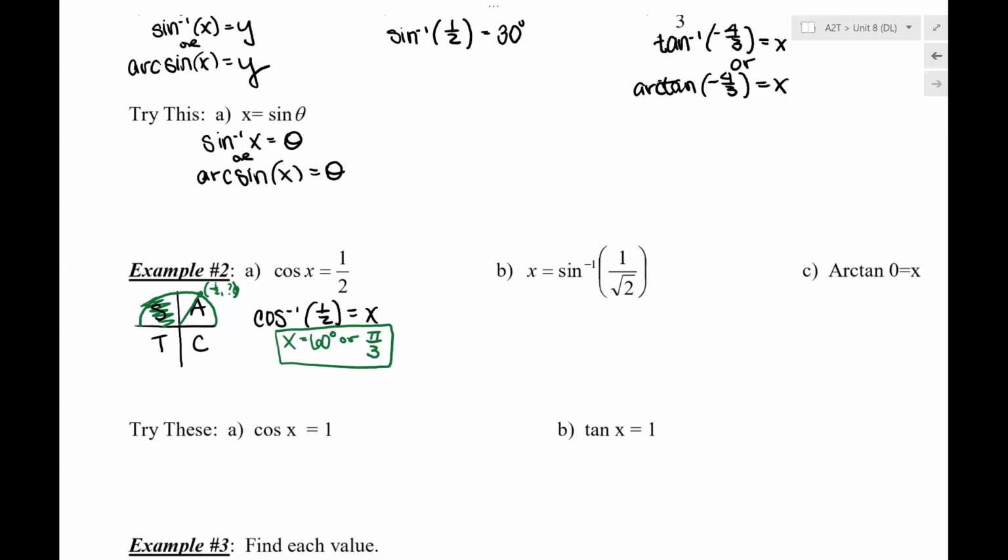The reason that I had to write this one in inverse form is because it was written in the regular cosine of x equals 1/2. Well, what is x? I don't know. So I'm going to take the inverse of the side ratios. For b, it's given to us already in inverse form. So I need the inverse sine of 1 over rad 2, which we know is the same as the inverse sine of rad 2 over 2 once we rationalize.